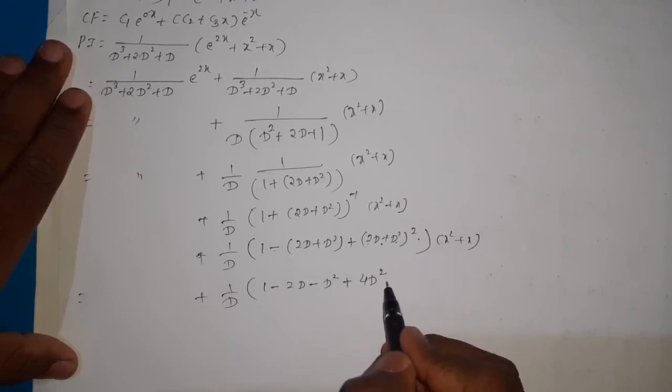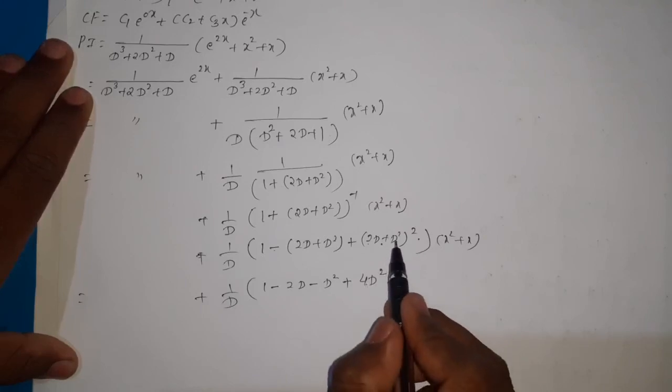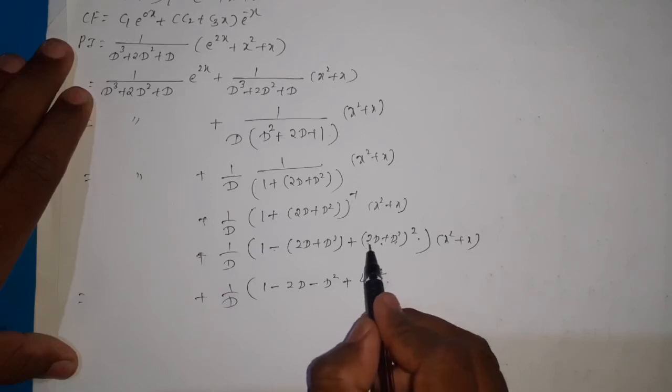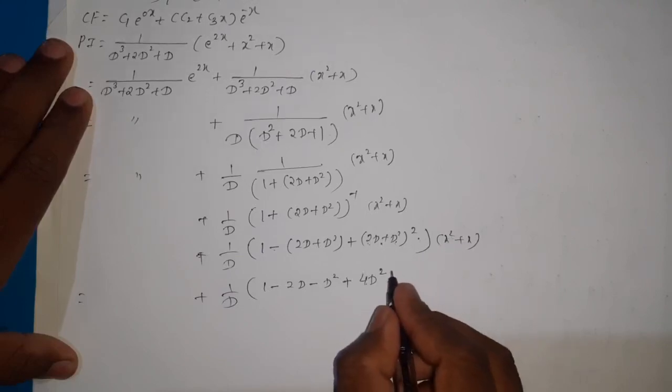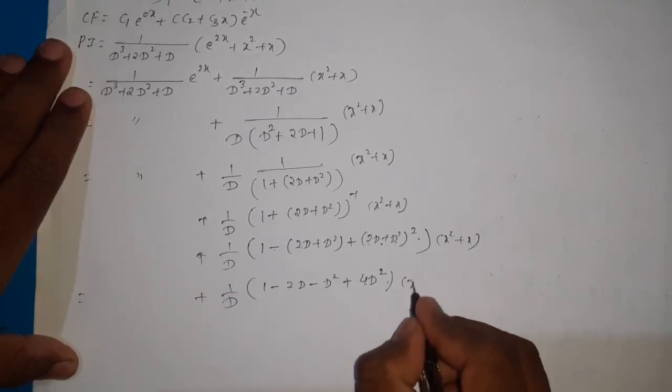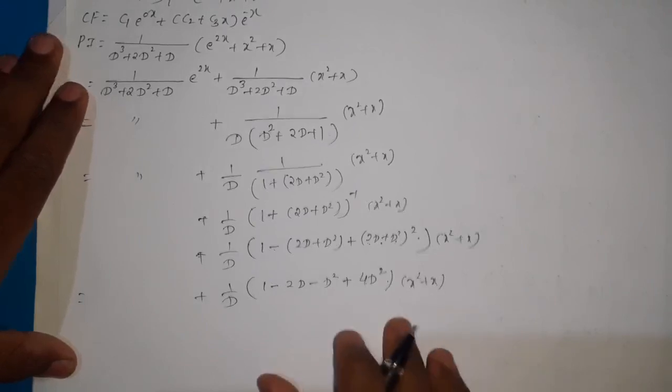So a square is this one, b square we are not considering, and the 2ab term, 2 into D square into 2D, that becomes 4D cube, that is also greater than 2, so we are not considering that, x square plus x.